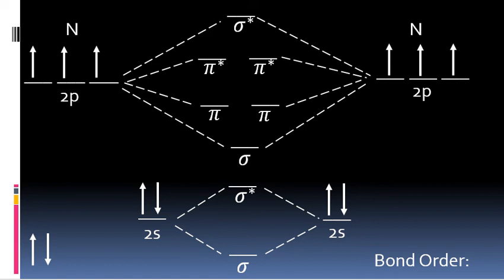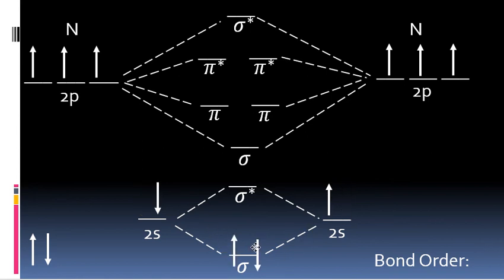Well, effectively, those 2s orbitals are going to form sigma and sigma star bonding and anti-bonding molecular orbitals, and then the 2p orbitals from each nitrogen are going to form a sigma and sigma star orbital, and then 2 sets of pi orbitals and 2 sets of anti-bonding pi star orbitals. Well, let's just take our valence electrons and see how they work into the system.